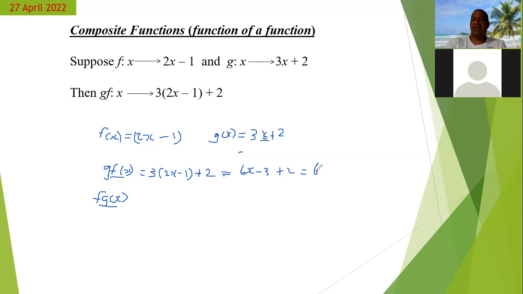So this becomes 6x minus 1, the simplified version. Therefore, g of f of x is equal to 6x minus 1. Is that clear?